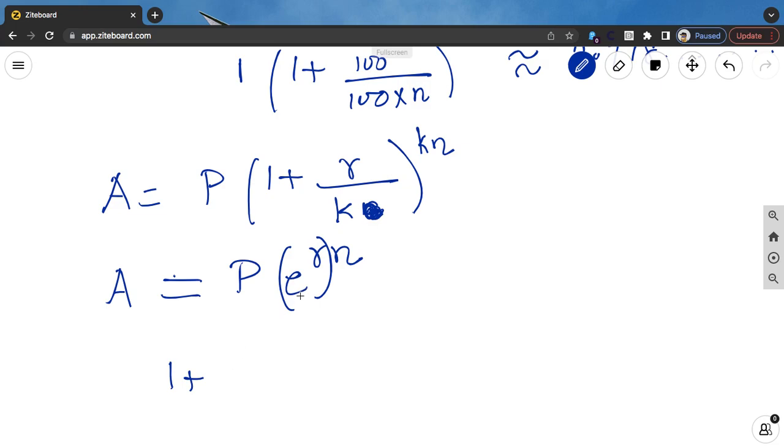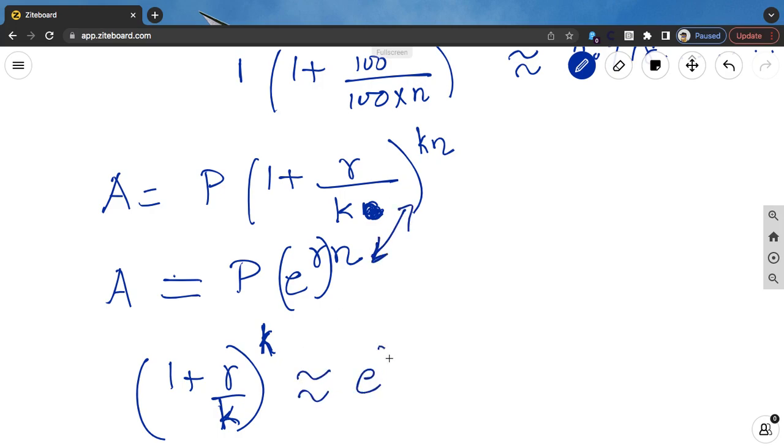If you pay attention to this expression and this expression together, you will see that this is what is coming to e raised to r.